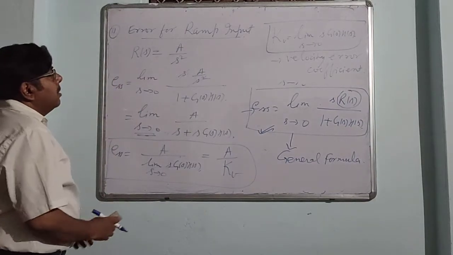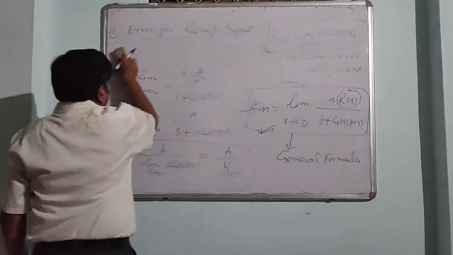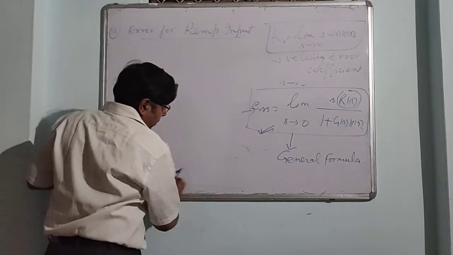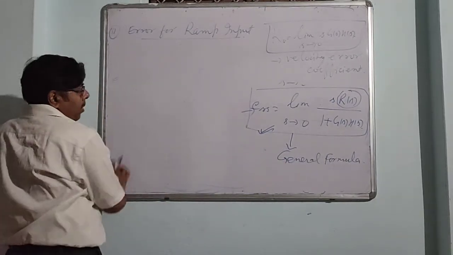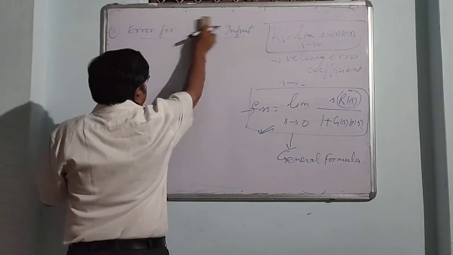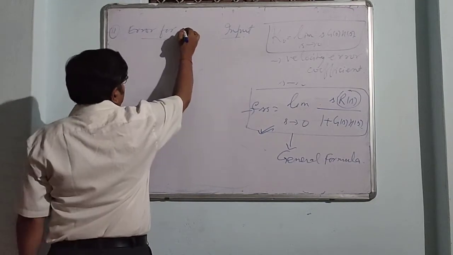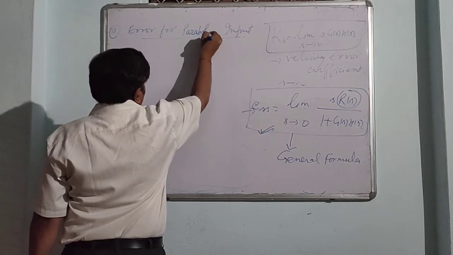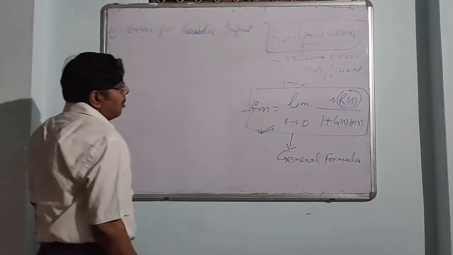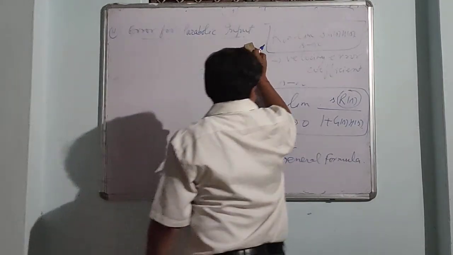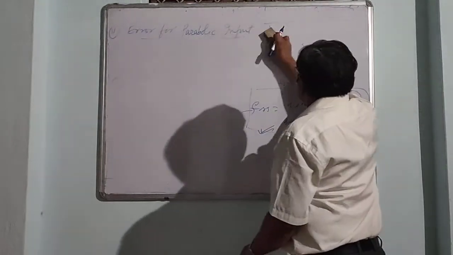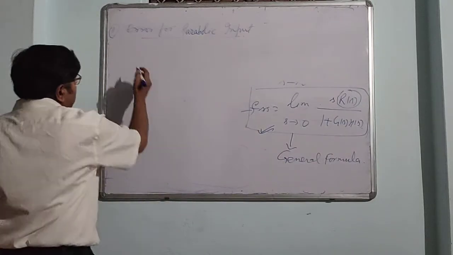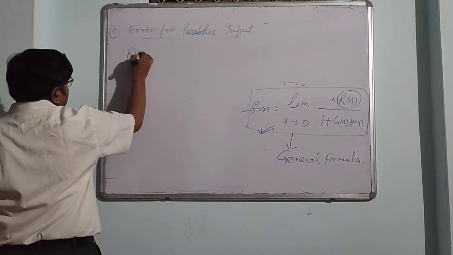Third one is for parabolic input. Now the input is changed, so instead of ramp, we are using parabolic. Then what is the value of steady state error? The expression is the same, only the input is changed.